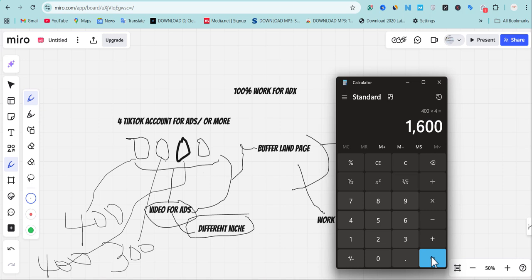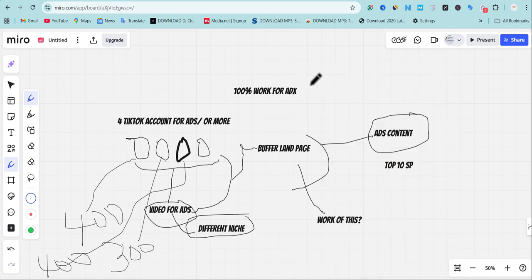It helps to take advantage of high ECPM and high return on investment, because there is a flow of traffic in different directions of niche and different individuals. So if you really want to win in ads with TikTok accounts, which is TikTok ads, you're going to get the accounts and start promoting.